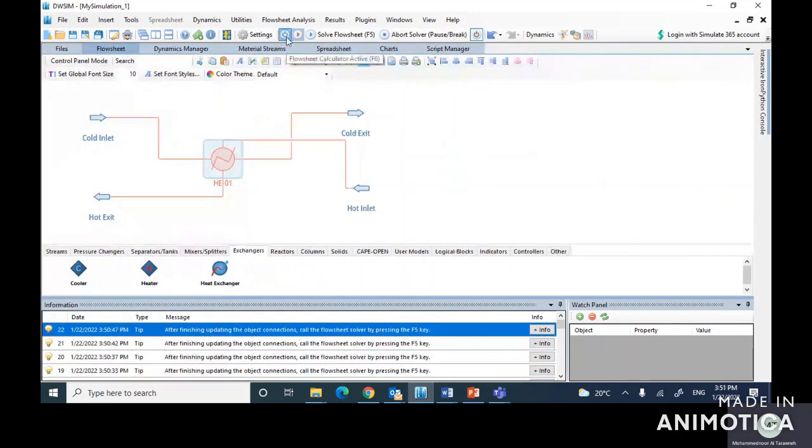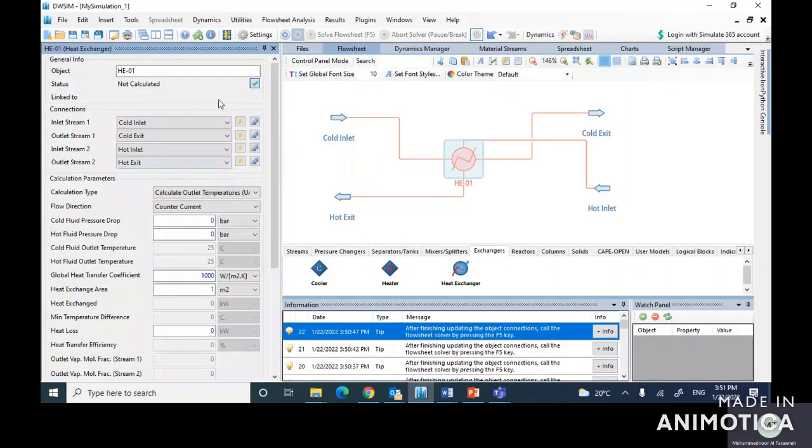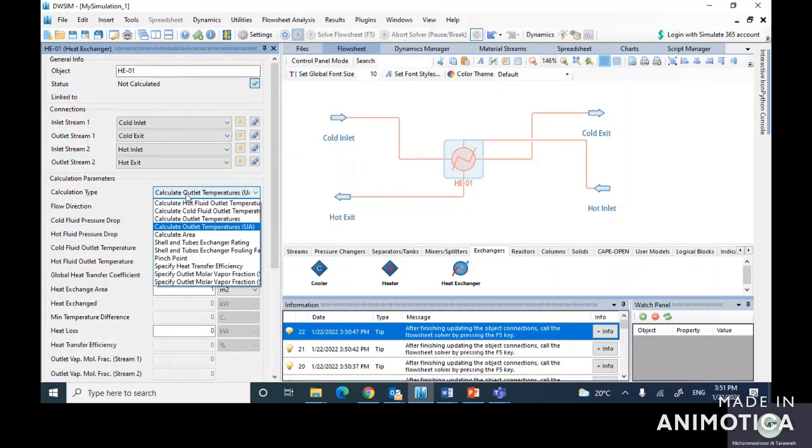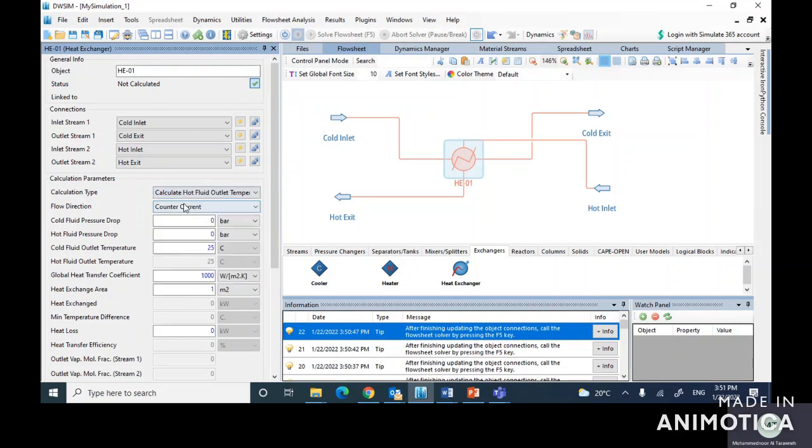Let's stop the solver. Click on this one. Next, click on the heat exchanger. Now we need to specify what we need to do. We would like to calculate the outlet temperature for the hot stream. So click on this one, which is calculate hot outlet temperature. There is no pressure drop. It depends on our assumptions. We know the cold fluid outlet temperature.